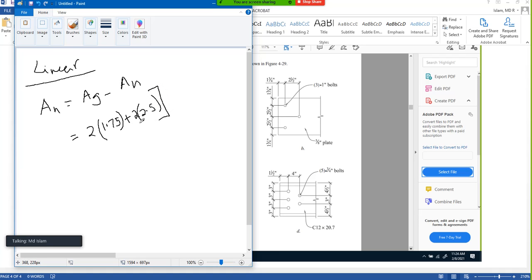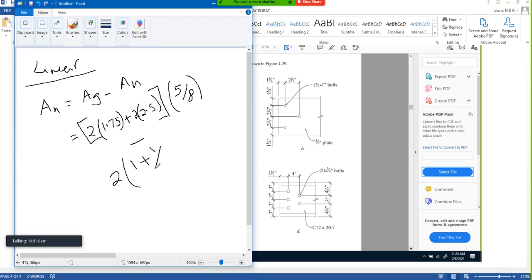This is the width, and then times the thickness. What is the thickness? 5/8. This is the gross area, and then minus the hole area. How many holes? 2 holes. What is the bolt diameter? 1 inch. So 1 is the bolt diameter.